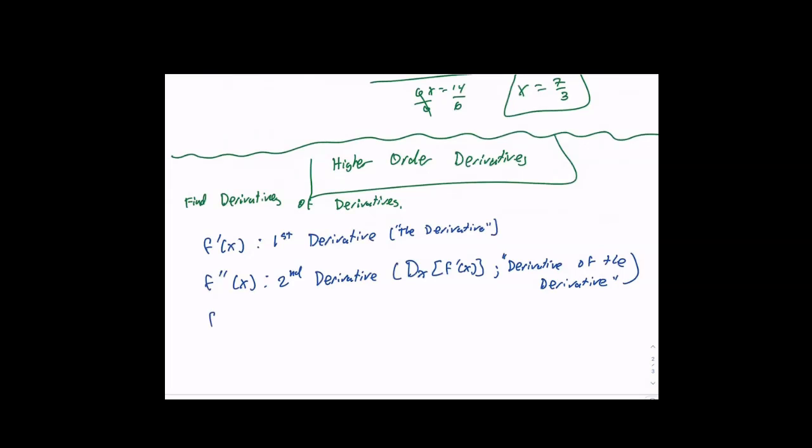And I can ask you for the third derivative. Once you get to the fourth, we do it like this: we write a little number in parentheses, because once we get to three tick marks for three primes, it gets a little lost in there. So we start writing the numbers, and the number in parentheses signifies derivatives.